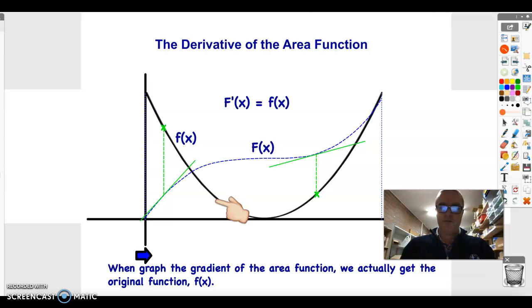So each curve tells a story about the opposite curve. This curve here with the capital F tells the story of the area under the original function. And the original curve, small f of x, tells the story of the gradient of capital F of x. And so that relationship is essentially what the fundamental theorem of calculus is all about.